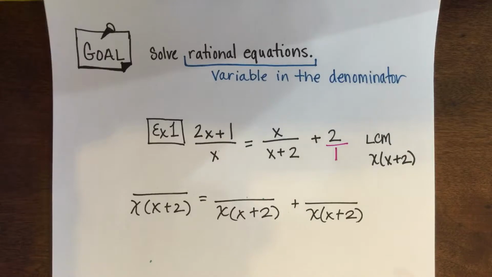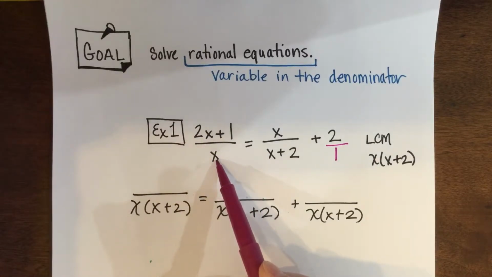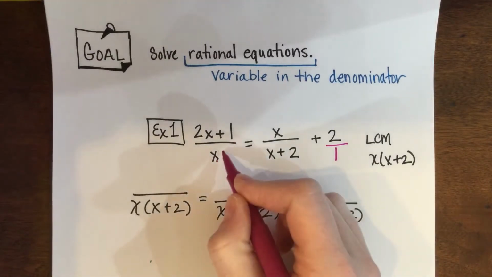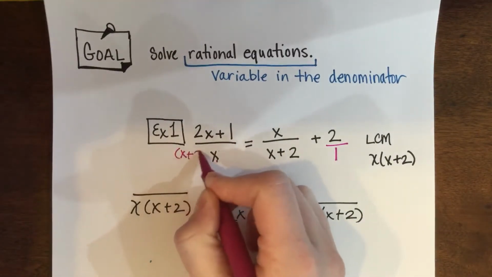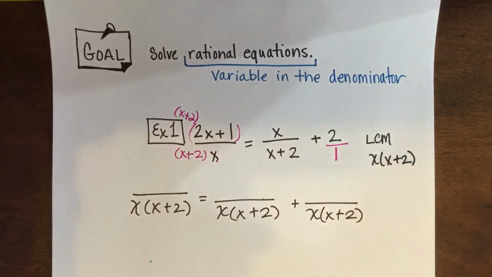This is my goal. So I set it up like that. And then I ask myself, well, if I'm going to play the what's missing game, let's do it. When I take a look at my first term here, I've got the denominator of x, but I want it to be x times x plus 2, so I know that the x plus 2 is what is missing. So I'm going to need to multiply that numerator by x plus 2.